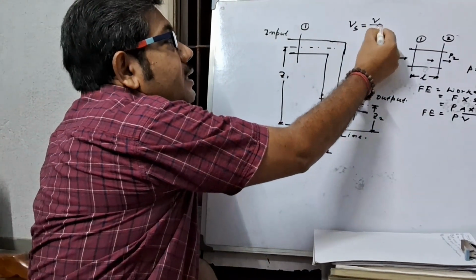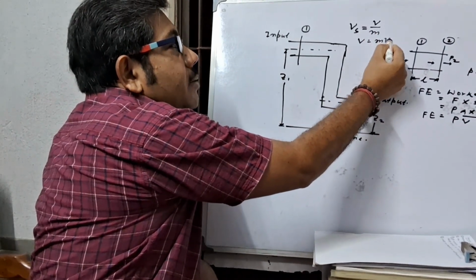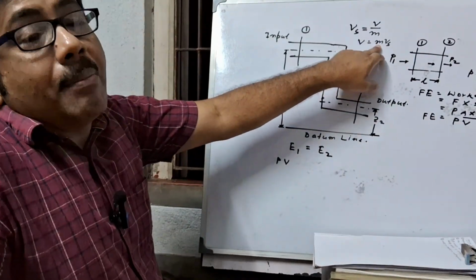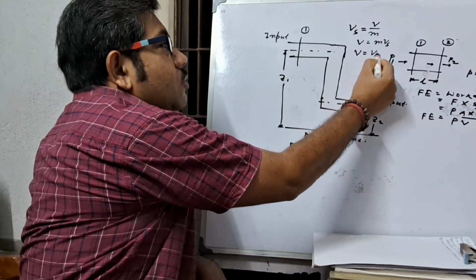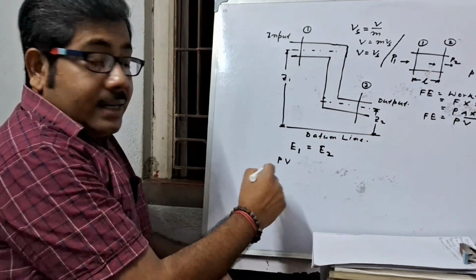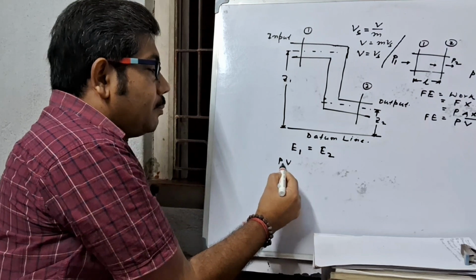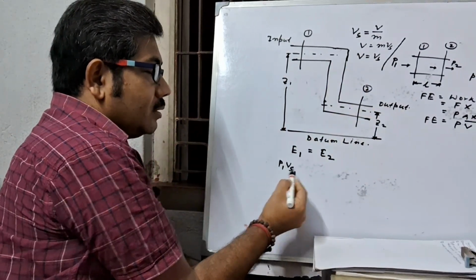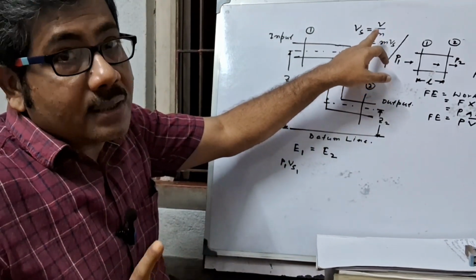That means V by M, that is V equal to M into Vs. কিন্তু আমরা এখানে মাসটাকে 1 কেজি ধরছি, সুতরাং V equal to Vs. তো এখানে খেয়াল করো 1 নম্বর সেকশনে মানে ইনপুটে আমি এখানে P1 V1 না দিয়ে আমি কি দিচ্ছি VS1. কেন VS1 দিচ্ছি, মাসটাকে আমি কত ধরেছি 1 কেজি.